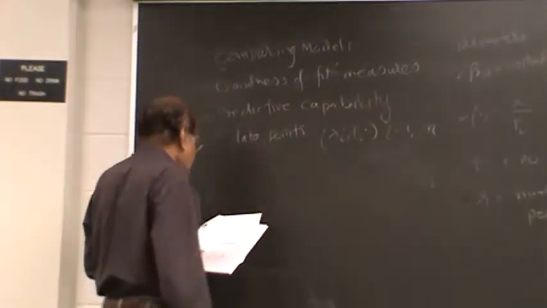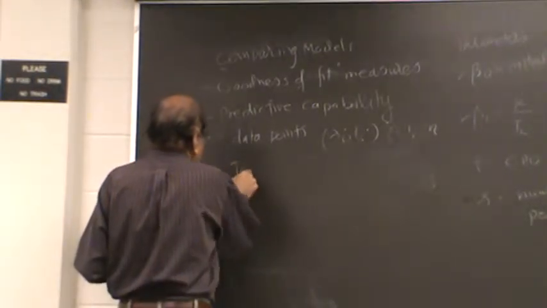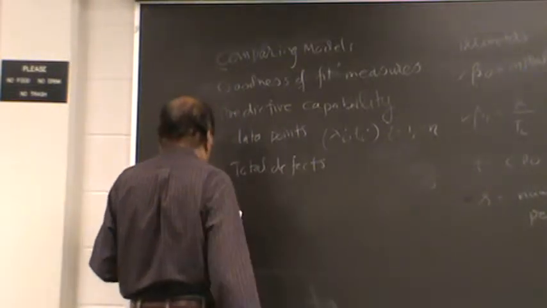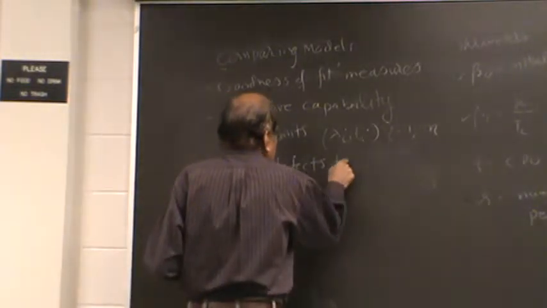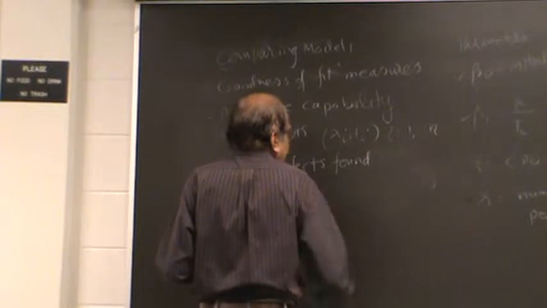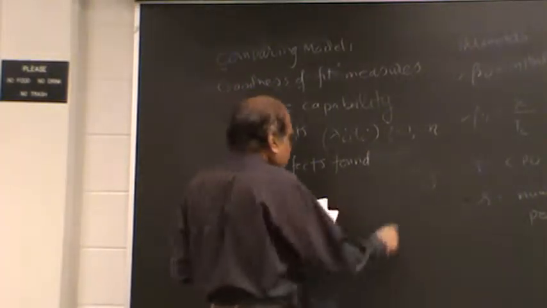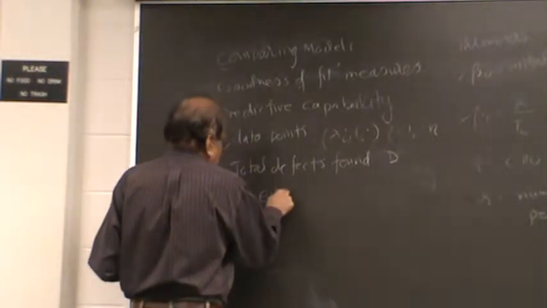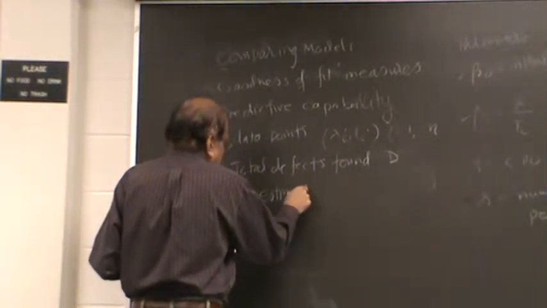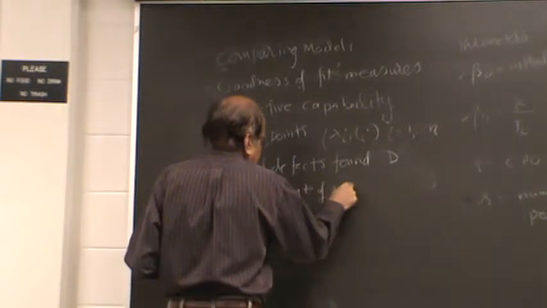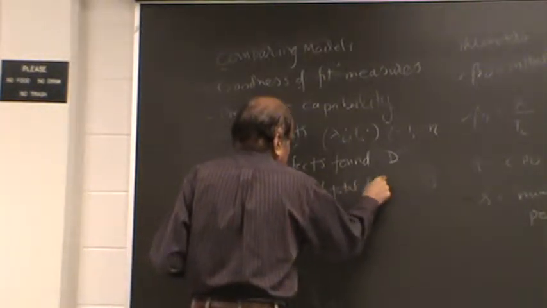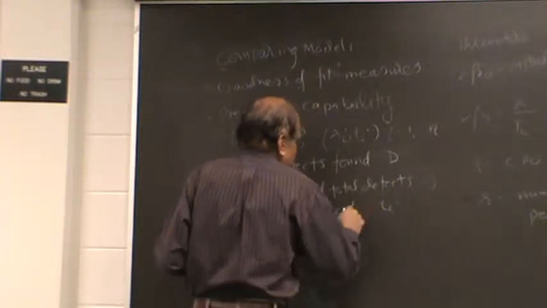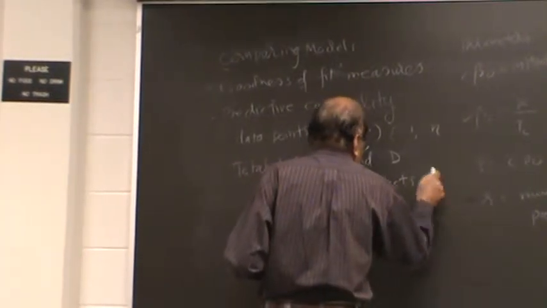And let us say that total defects found, total defects, this is the actual number, by the end of testing is, let us say, D, and estimate of total defects at time t sub i, let us say that is d sub i.